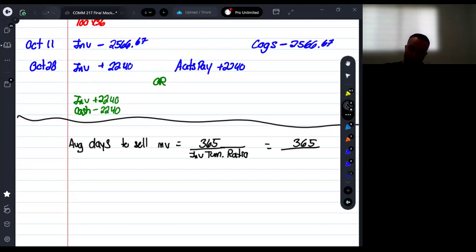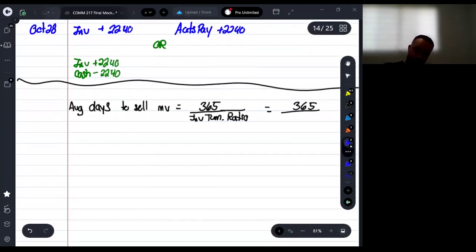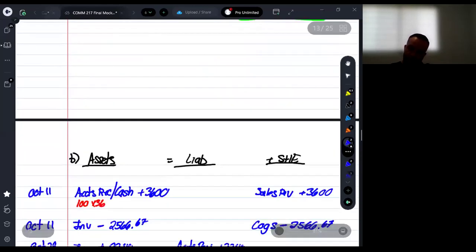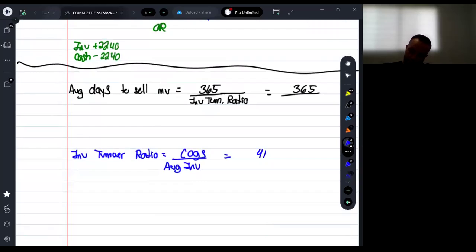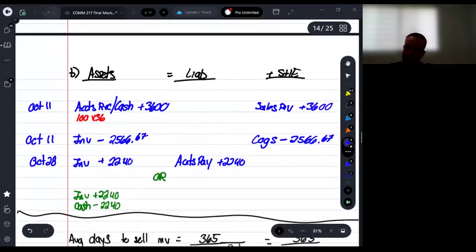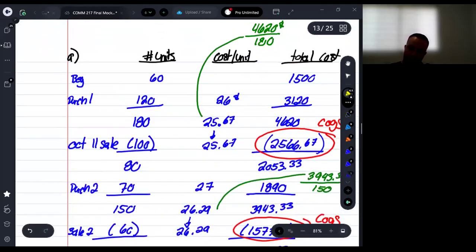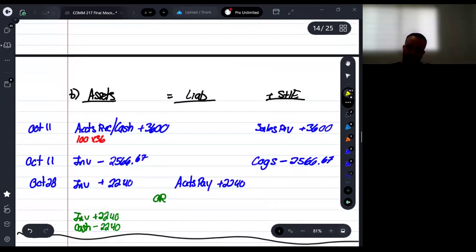So 365 over, now you gotta figure out inventory turnover ratio, which is your COGS over your average inventory, which your COGS, as we said, was 4144.07, over the average inventory. So that's the ending. That's the beginning. Divide those two by two.